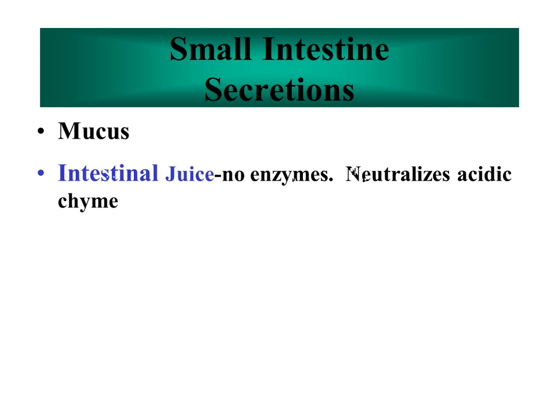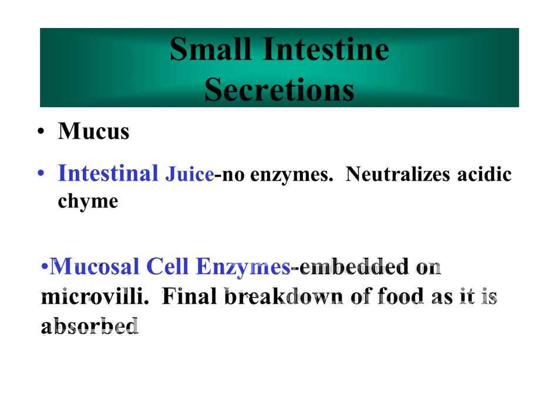Mucus is given off by those goblet cells. Intestinal juice with no enzyme that neutralizes the acidic chyme. Mucosal cell enzymes will be released that are embedded in the microvilli. Final breakdown of food as it is absorbed.